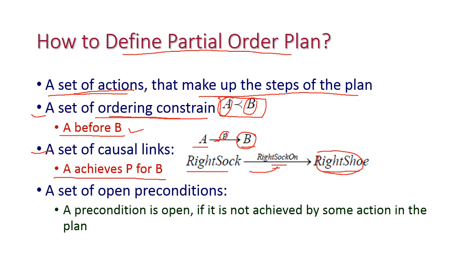This is the precondition. If this particular state satisfies the precondition, then this is the resultant action. And the set of open preconditions: if a precondition is not achieved by some action in the plan, it is called an open precondition. Many open preconditions may be available in partial order planning.